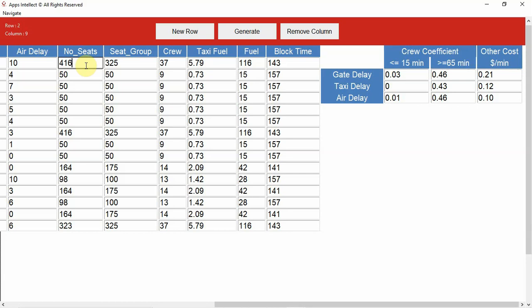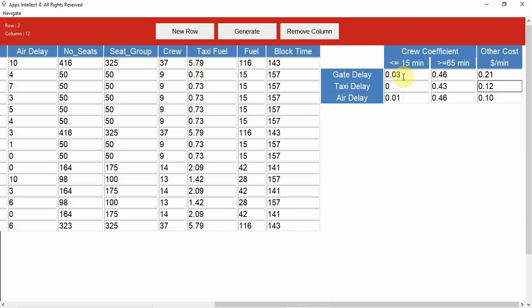For taxi delay, the other cost is $0.12 per minute, and the calculation is done as the coefficient of fuel times the taxi burn rate times the fuel price, plus the coefficient of crew times the crew cost, plus this particular $0.12.